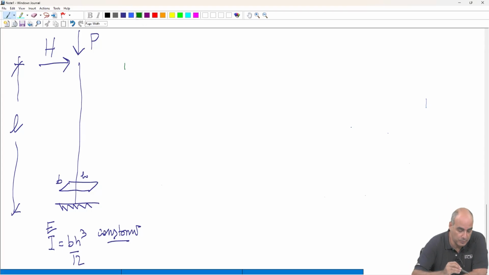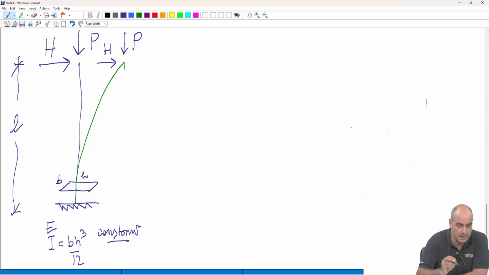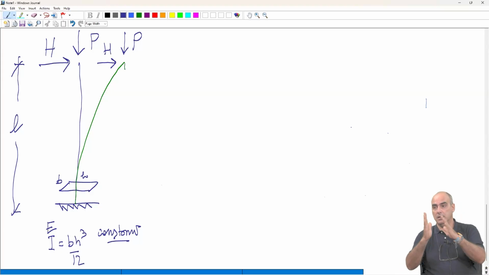Now we assume that this column deforms in this way. And the force P and the force H move with the tip of the column, with the top edge of the column, but they do not change their direction.